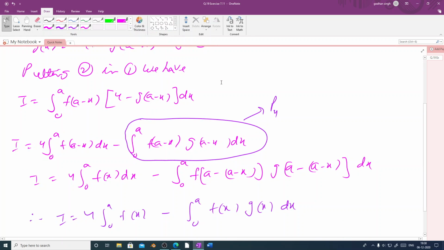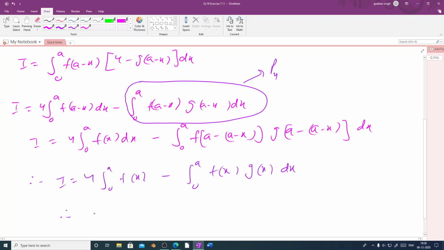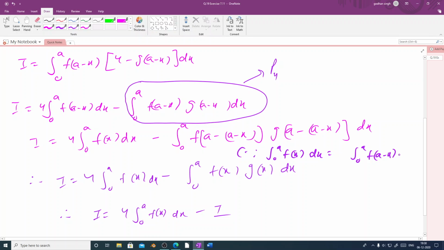From equation number 1, this is equal to I, so therefore I equal to 4 times 0 to a f(x) dx minus I. Here it will be better if you mention the property, so write property P4, because integration of 0 to a f(x) dx is the same as 0 to a f(a minus x) dx. That property we have applied here in the second part.